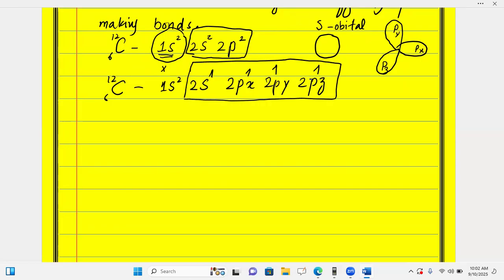Then the 2p, which is at a higher energy level, is going to intermix with the 2s subshell, which is at a lower energy level. I am saying 1s and 3p intermix, and then I get sp3 hybridization.